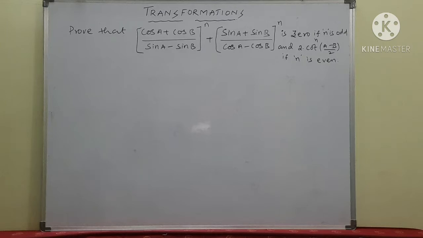So there are two conditions, if n is even and if n is odd. If n is odd, then the answer is 0, and if n is even, then we need to prove that 2 into cot to the power of n of (a minus b) by 2.